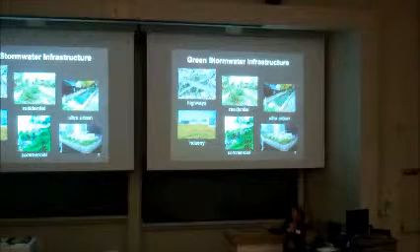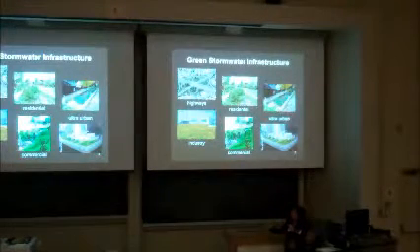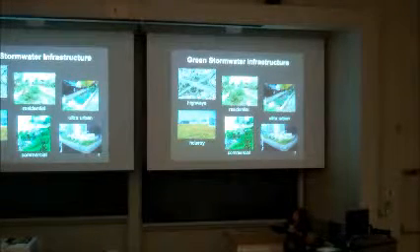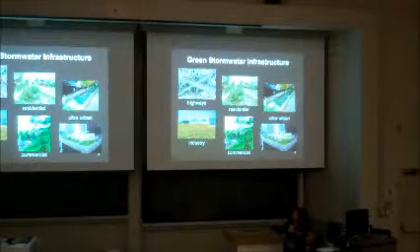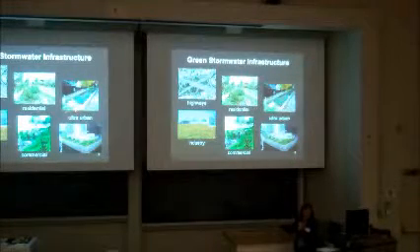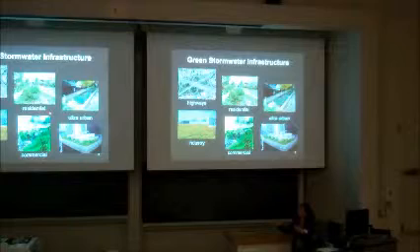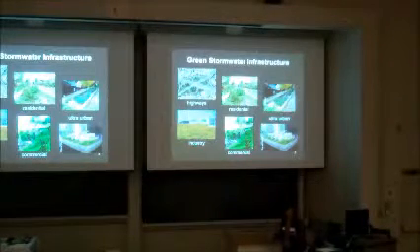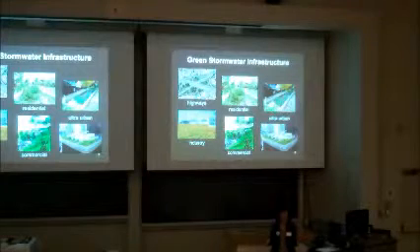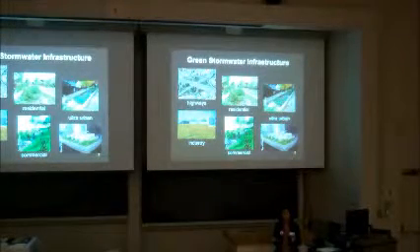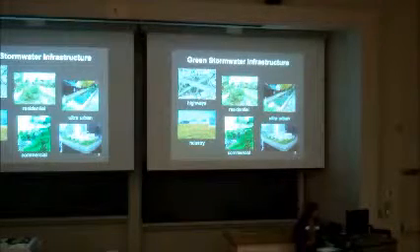This is a green loop that I'll talk about later. A commercial bioretention swale, a suburban application of a bioretention system, an ultra-urban design of bioretention, and I'll talk about what bioretention is. Chicago's green road.